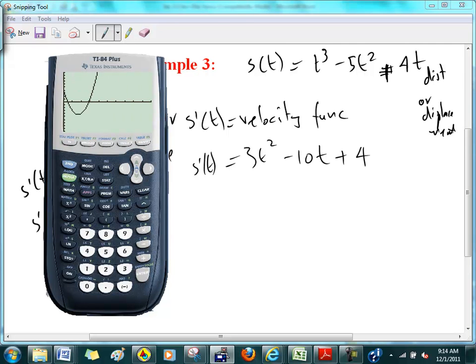Okay, so it should look like that. I'm going to zoom in a little bit more to get a bit of a feel for it, so I'm going to change my window.